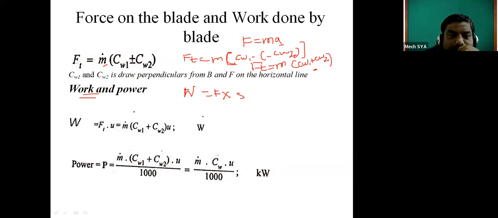So this will be m dot into, in bracket, CW1 plus CW2 into u. This will be in watt. And if you want to convert, divide by 1000 to get kilowatt. So in this case it will be m dot.